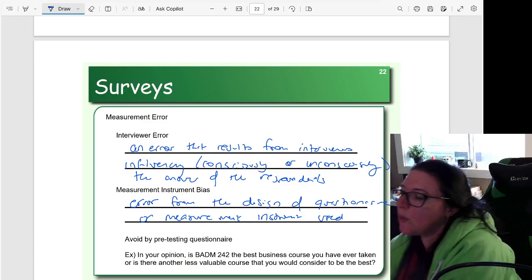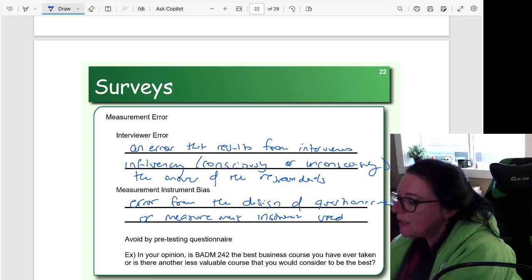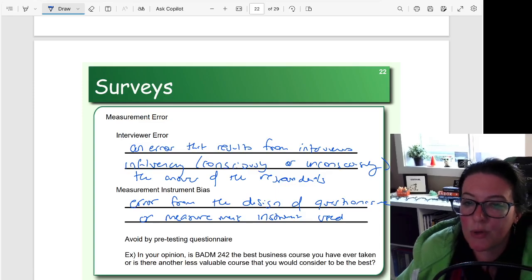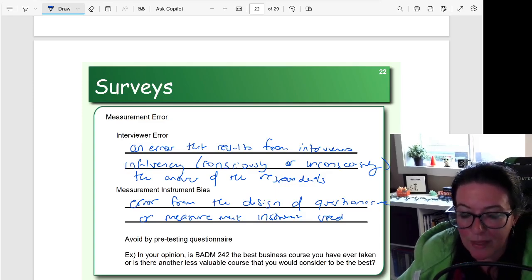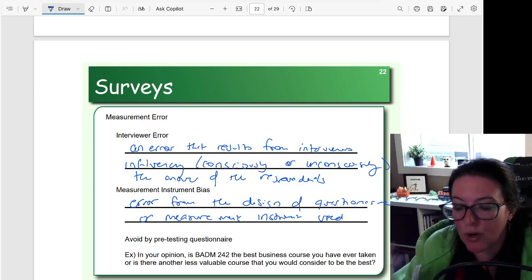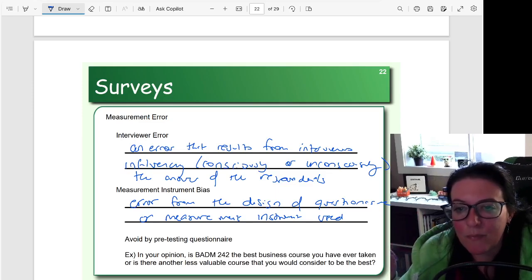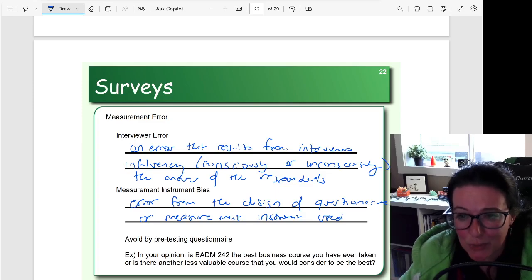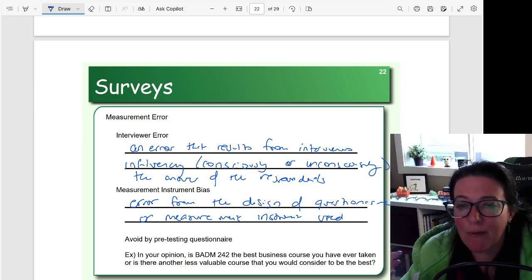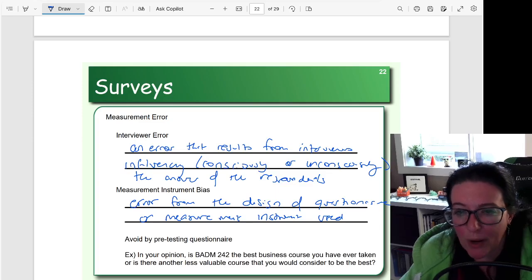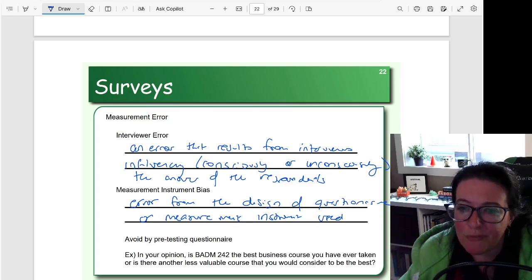Making sure in the wording of our questions, the type of measurement scale we're using, that it's appropriate for the information we need. So one of the ways to help address this, to make sure that we are getting consistent data so it is reliable and that it's valid, that we are actually getting it to measure what we want it to measure, is to have people test it, complete the questions, and look at the feedback we get.